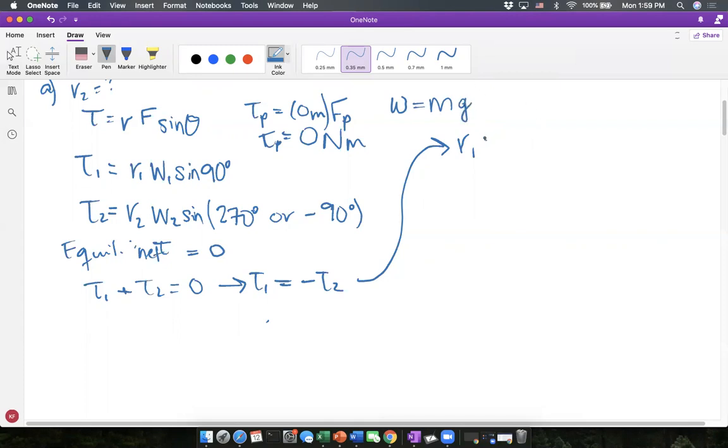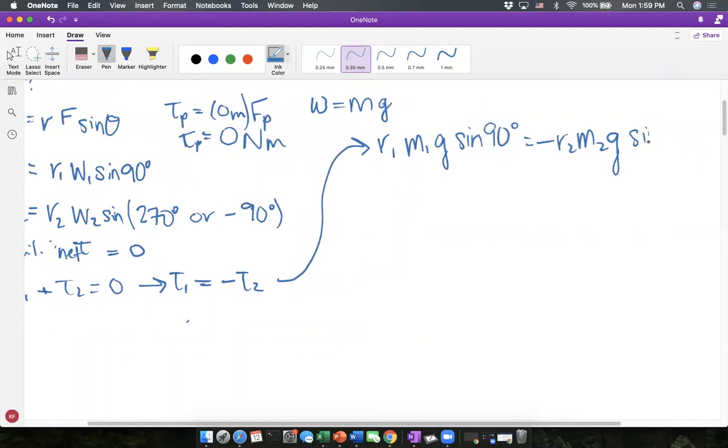So we have m1 times g sine 90 degrees equals negative R2 m2 g times sine of negative 90 degrees. Now, sine of 90 is equal to positive 1, and sine of negative 90 is equal to negative 1.